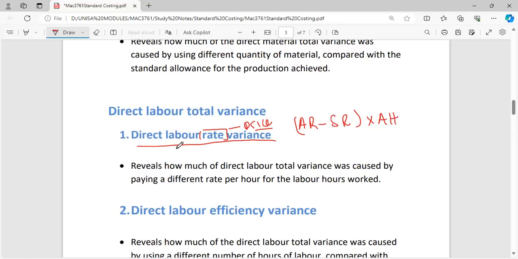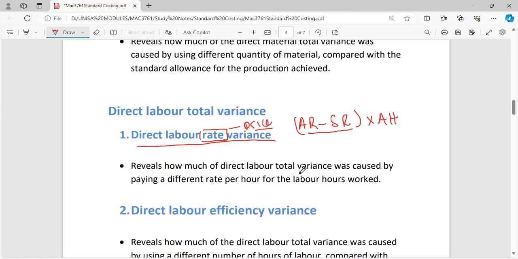So it's going to give you a direct labor rate variance. What I want us to focus on much when we are answering questions is this part. Am I dealing with quantity variance or price variance? So that you know how to figure out your formula here.